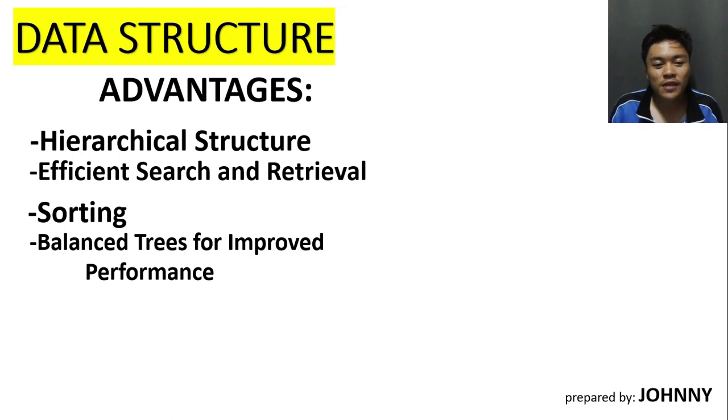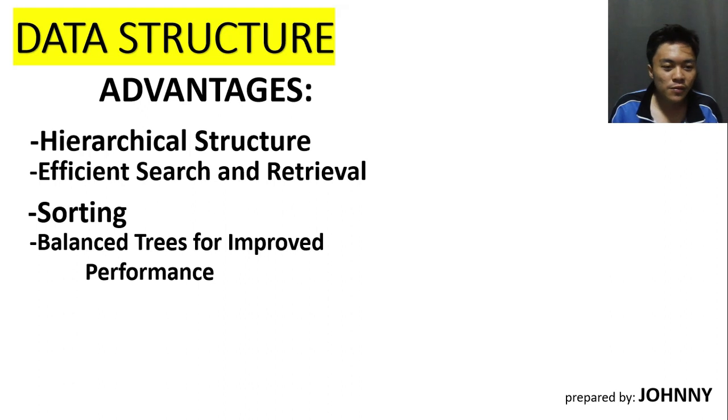Balanced trees such as AVL trees or red-black trees ensure that the tree remains balanced during insertions and deletions. This results in more predictable and efficient performance for various operations, reducing the likelihood of degenerating into a linked list.